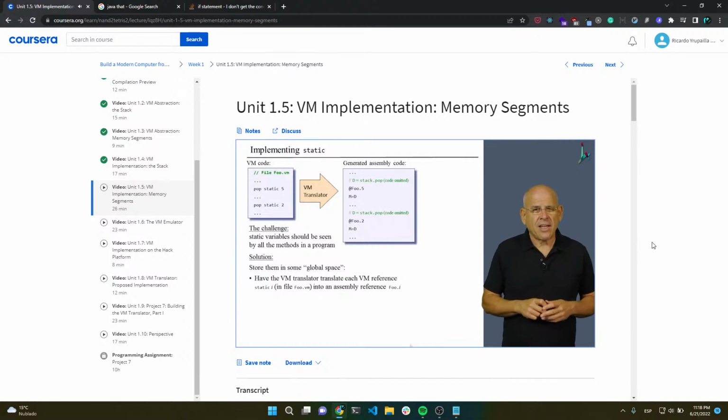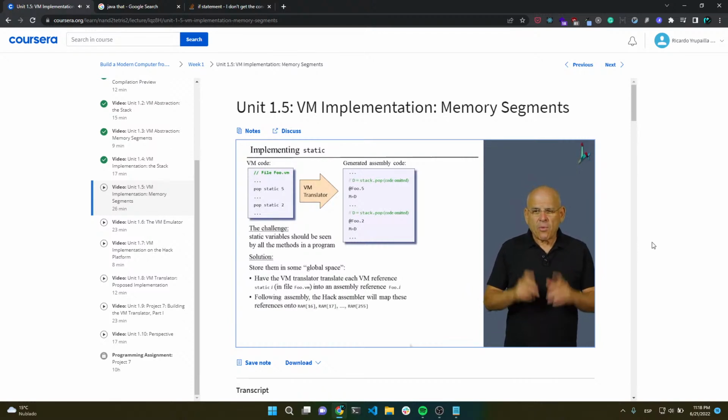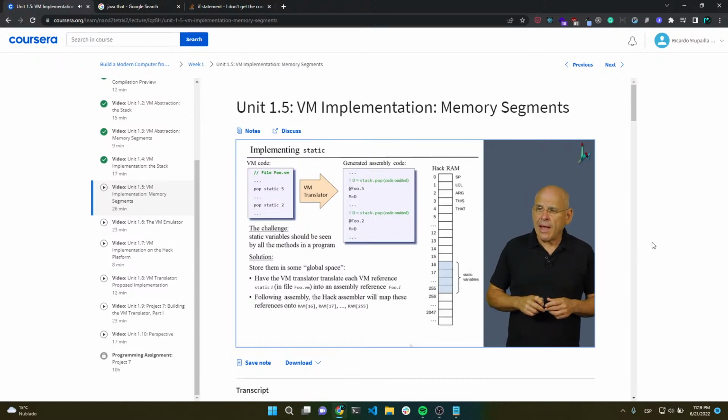Now, why is this going to actually work out? Well, remember, following assembly, the Hack assembler, by convention, is going to map these references onto RAM 16, RAM 17, all the way down to RAM 255, in case you have so many static variables in your program, which is unlikely. Typically we have just a few static variables in a typical computer program. So what will happen is that these references will end up being mapped to the blue area that you see here on the RAM, and that's exactly what we want.